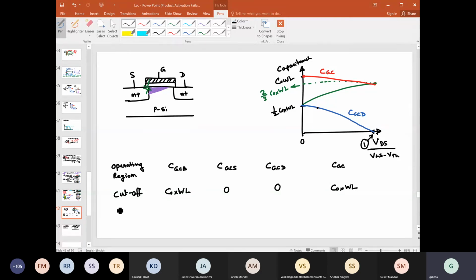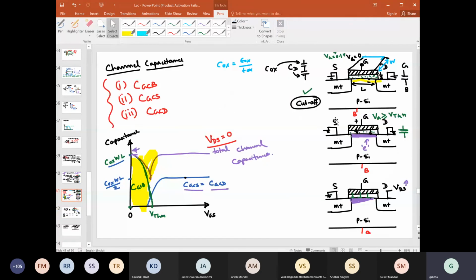Okay. Then in the resistive region, basically the triode region, this region. In this region, the situation is more or less closer to this, because even though we considered for this second case that VDS equals 0, this situation will not alter much if you apply a VDS which is quite small, right?